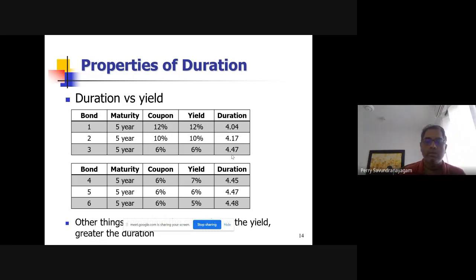Okay, so let's look at the next scenario. 5 years, 6%. Now this is taking into account the yield being the same. Now let's change it. Now yield to maturity, we'll look at the last bond here. Now suddenly the yield has gone up on the bond.